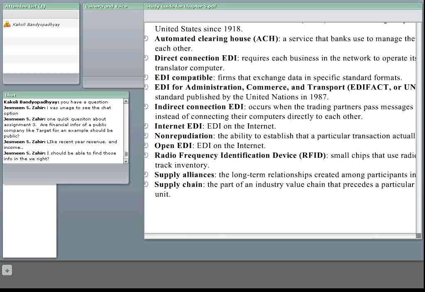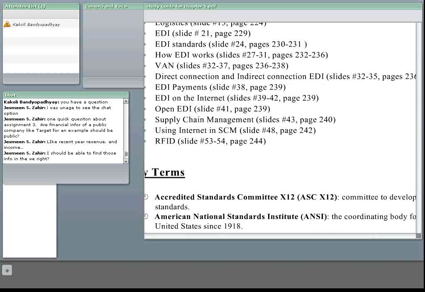What is a value-added network? A value-added network is a third party that provides communication equipment, software and skills needed to receive, store and forward electronic messages that contain EDI transaction sets.